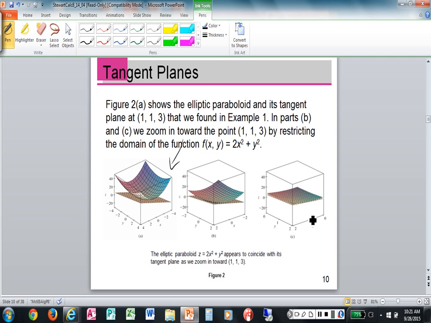And then the one on the right, well, they've really zoomed in. We've got 0 to 2 in x and y, and so you can really see that the surface now has flattened out because we're not looking at such a big chunk of it, and it's pretty well matching. The tangent plane is still there in all three.